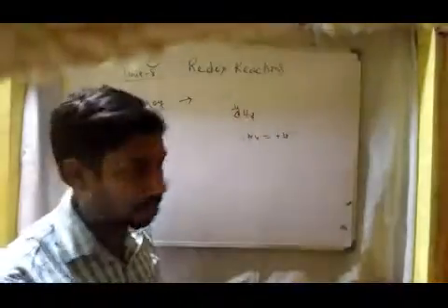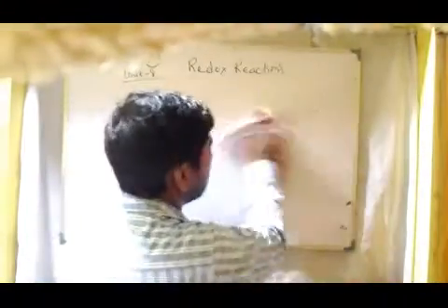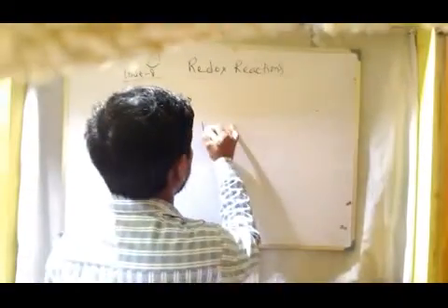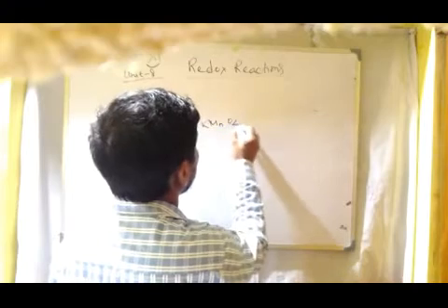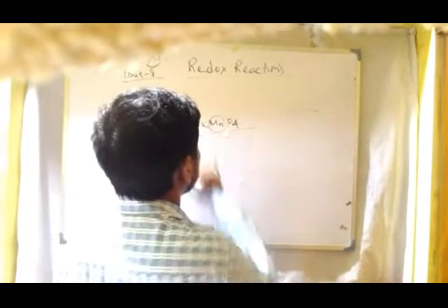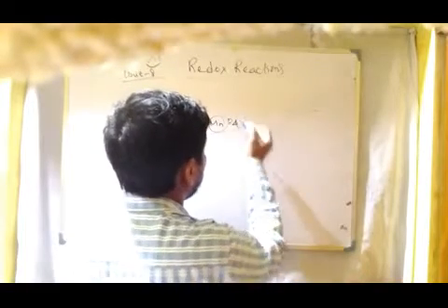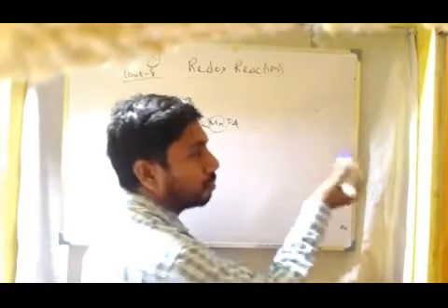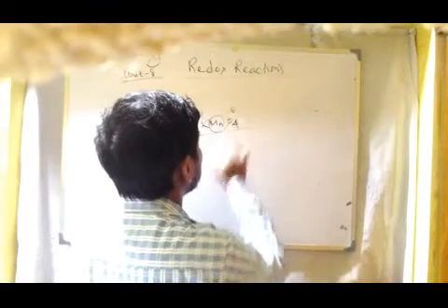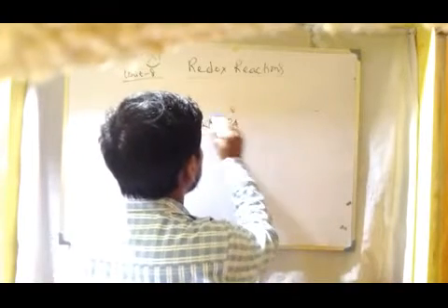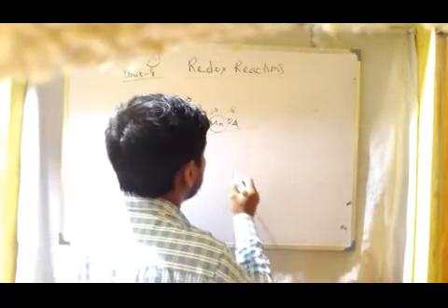In case of KMnO4, we have to calculate the oxidation state of manganese. We know +1 for potassium, and -2 into 4, that is -8. To neutralize the charge, manganese should be +7.